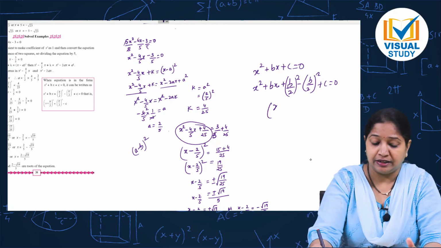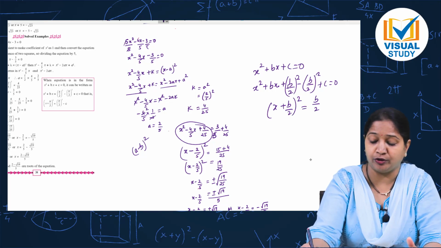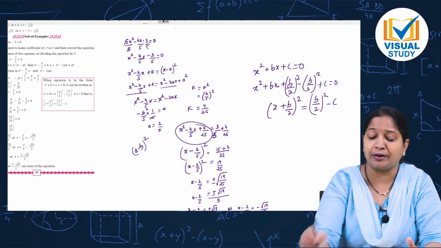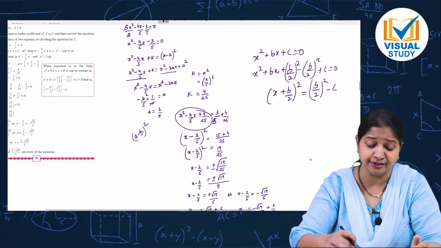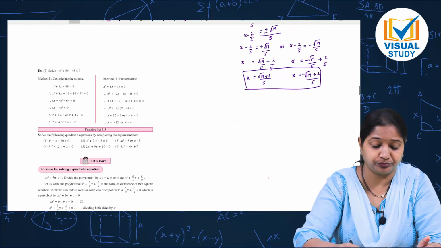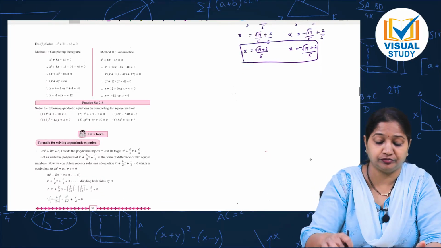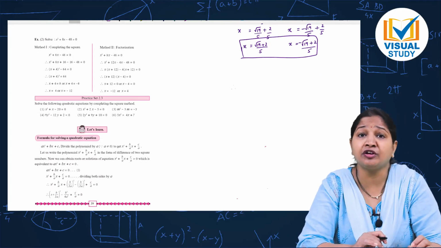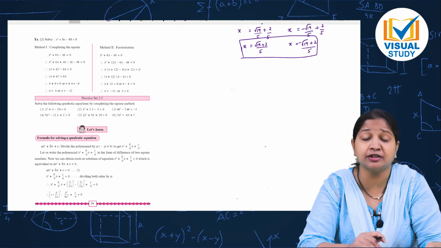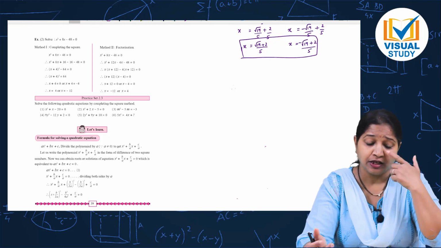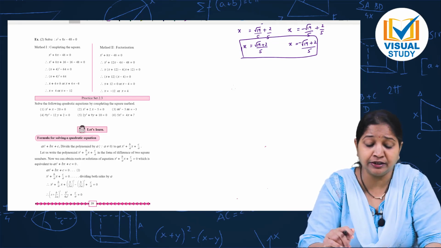And you get x plus b upon 2 whole square equal to b upon 2 whole square minus c. You can do in this way. So till now we have learned about the middle term splitting method or factorization method and complete square method.